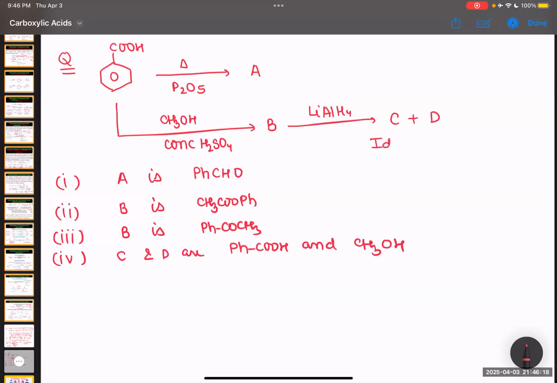What is the structure of A? Just now we have seen, if you heat a simple carboxylic acid, the water is going to get eliminated.